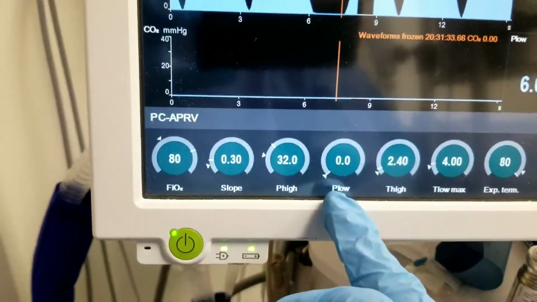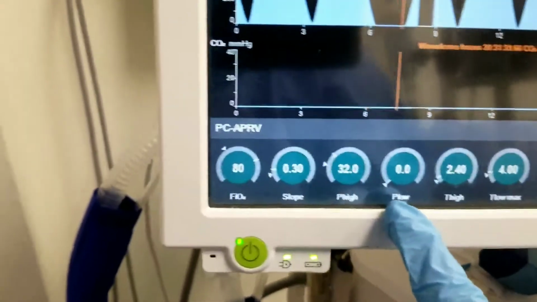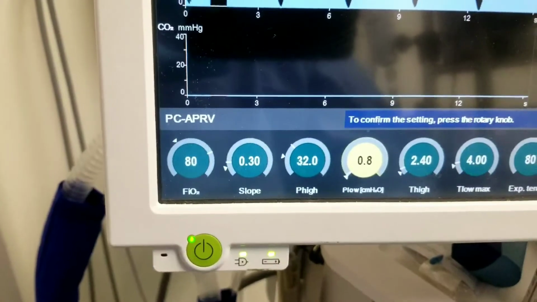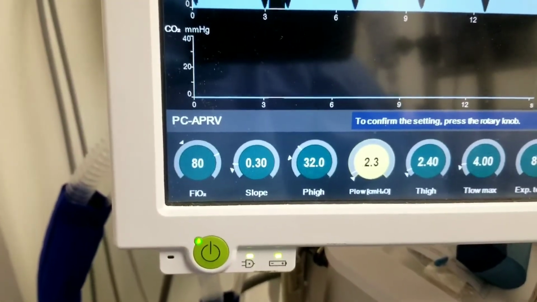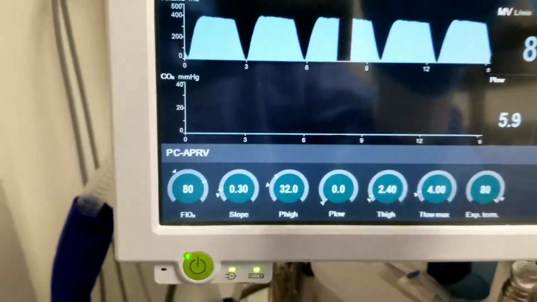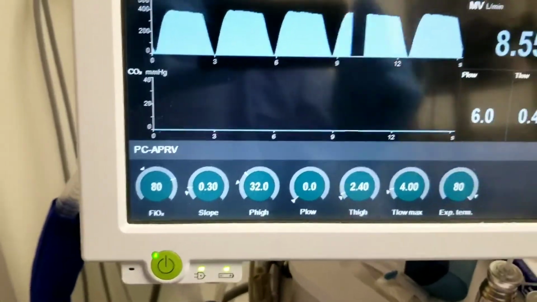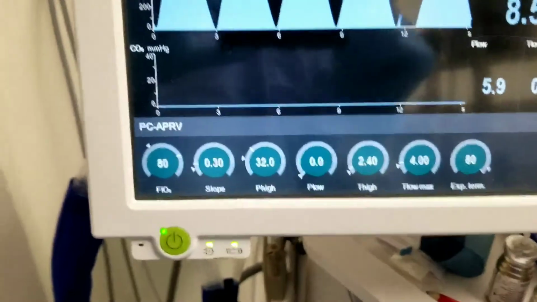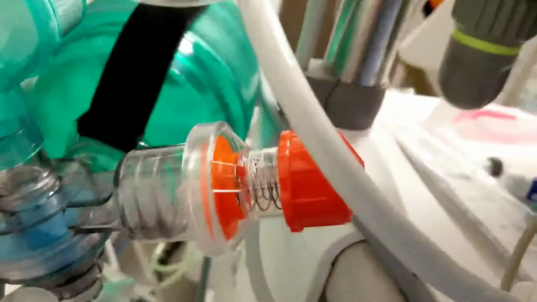So why keep the P low? Well, if I'm starting to add a PEEP, you're engaging the PEEP valve, and the PEEP valve obviously causes resistance and back pressure. That's how we create PEEP, it's just resistance on expiration.